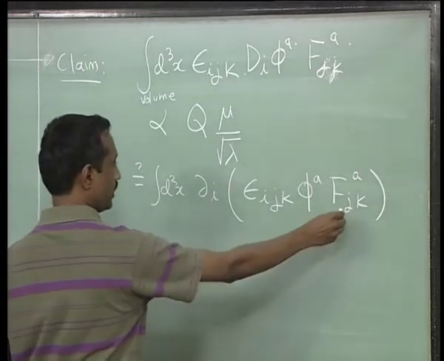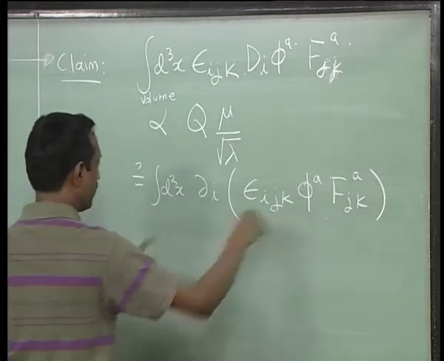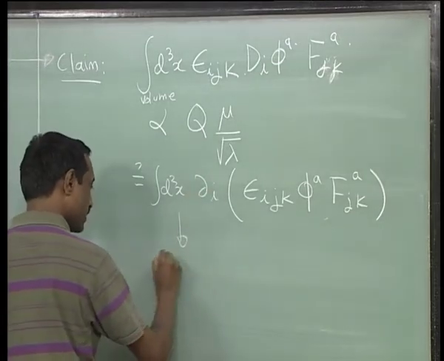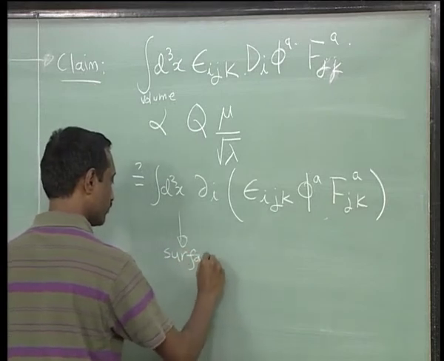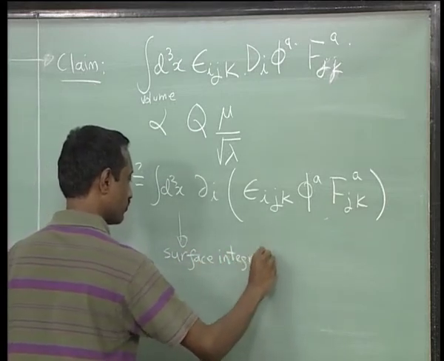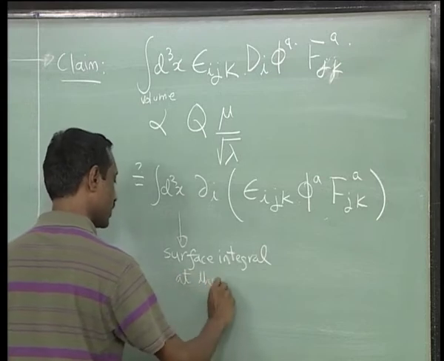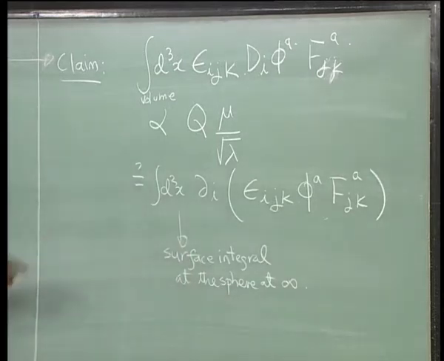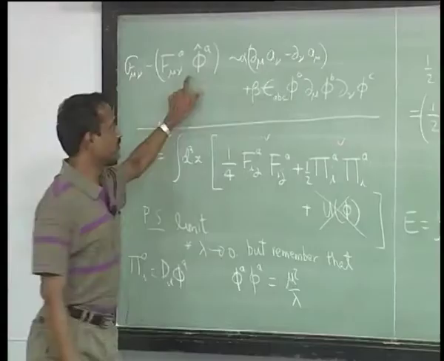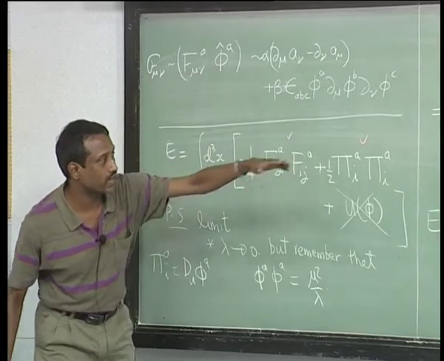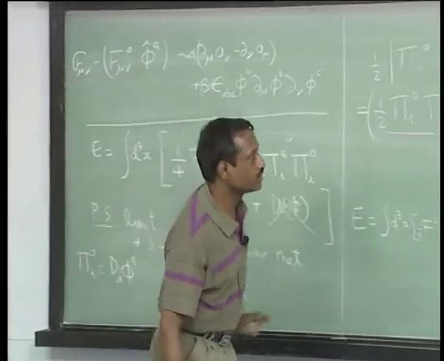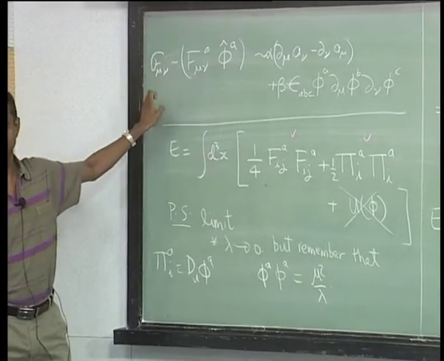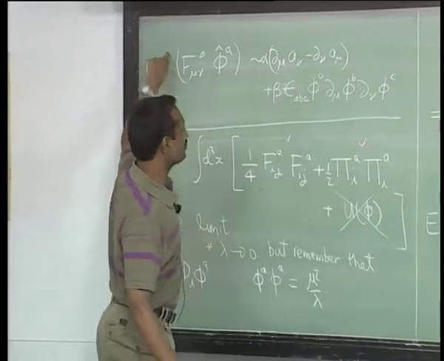And then this is the total derivative, and it is a surface integral now at the sphere at infinity. Okay. And then we can just follow through this identification which we had, and it will show us that what we are getting there indeed is the charge. Okay.